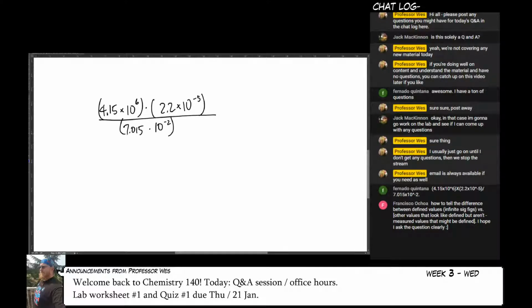Honestly, you just have to punch it in your calculator to get an answer that works. Something else you could do is split up the exponents and do the math with those separately. So 10 to the 6 times 10 to the minus 5 would be 10 to the 1. And 10 to the 1 divided by 10 to the minus 2 would be 10 to the 3.